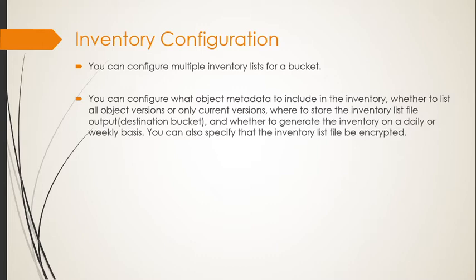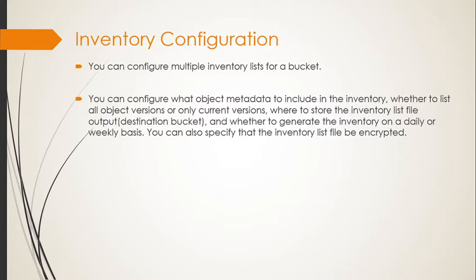You also choose whether to generate the inventory on a daily or weekly basis. So you can select the schedule on which you want to get your inventory file list. You can also specify that the inventory list file be encrypted, for example with SSE, server-side encryption with KMS.